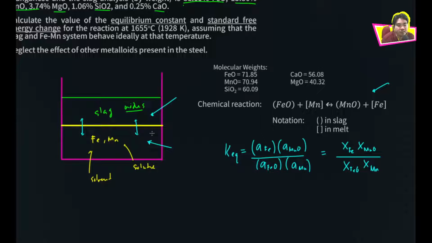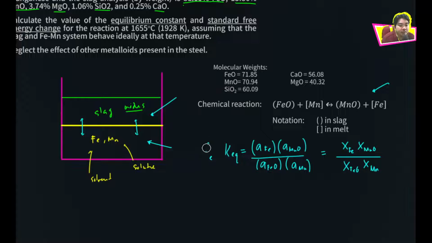So para makuha yung molar fraction of the solution, then kailangan lang natin kunin yung weight ni manganese over weight, molar fraction pala to na. So moles ni manganese over number of moles ni Fe para makuha yung XMn. So similarly, ganun din gagawin natin sa Fe, no? Tama.